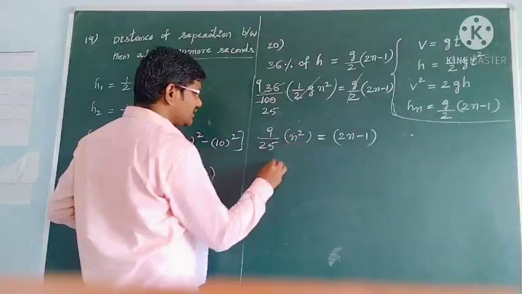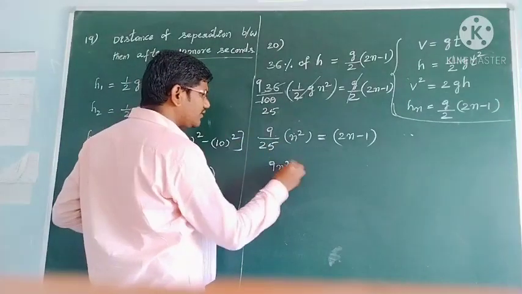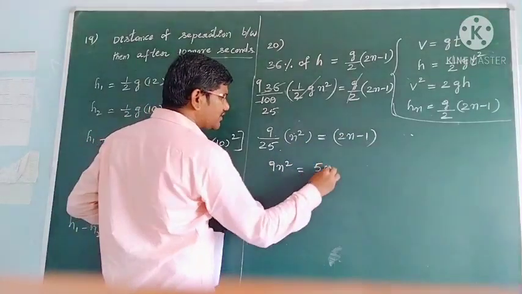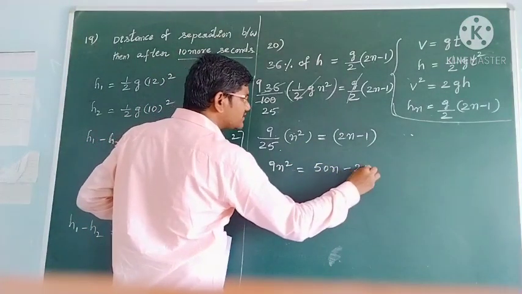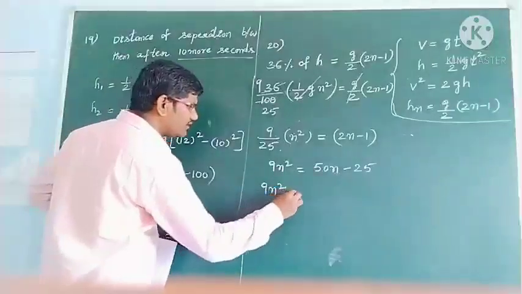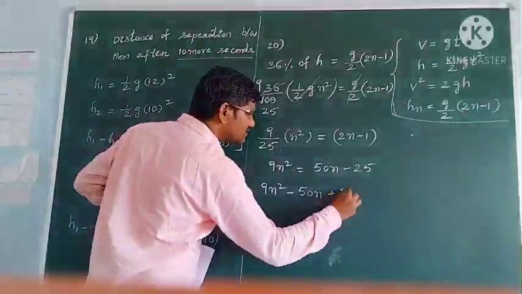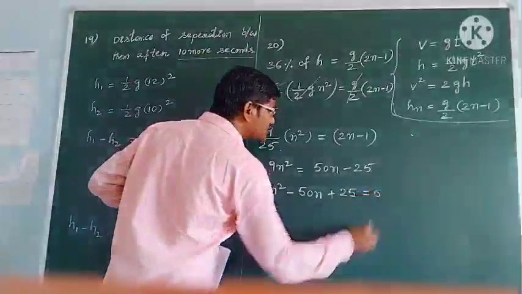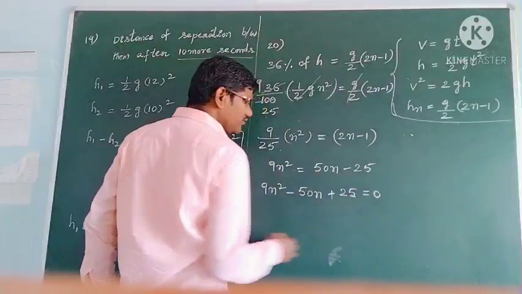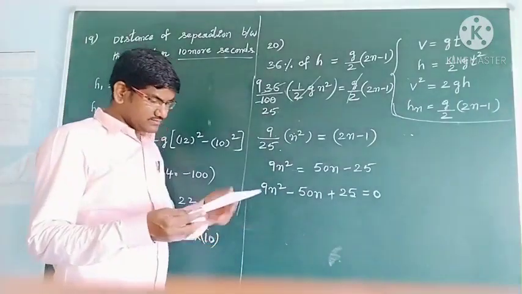So this is 9n square and 25 into 2, so what will you get, students? 50n minus 25. So then we will get 9n square minus 50n plus 25 is equal to 0. So then if we go for its roots, we will get the answer.